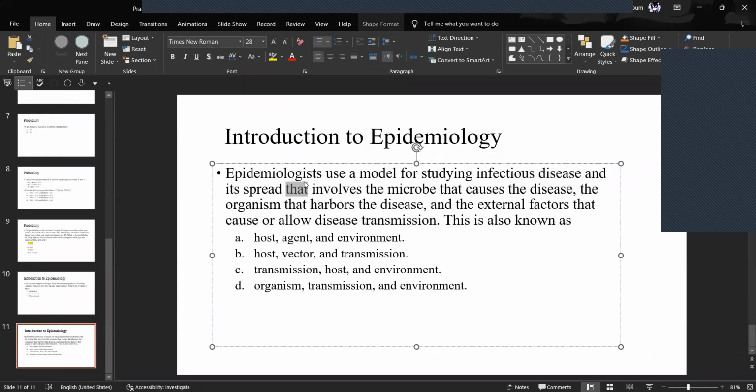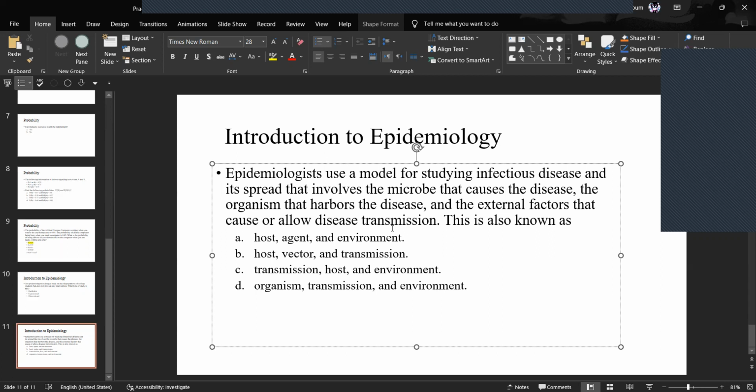And finally, epidemiologists use a model for studying infectious disease and its spread. The model involves a microbe that causes the disease, an organism that harbors the disease, and the external factors. This is also known as, so we have the microbe that causes the disease, which is the agent, the organism that harbors the disease, so that's the host, and the external factors, which is the environment.